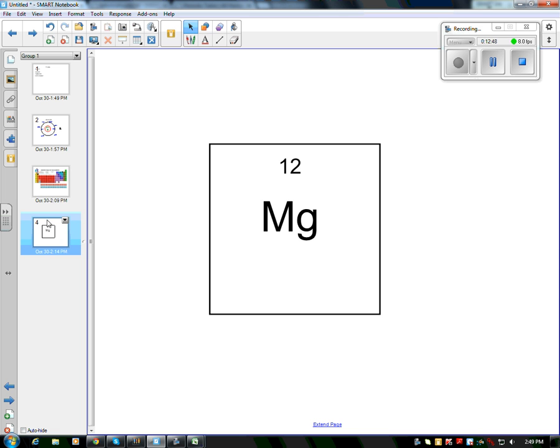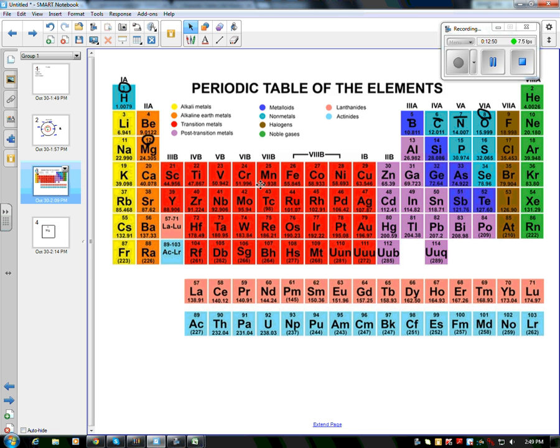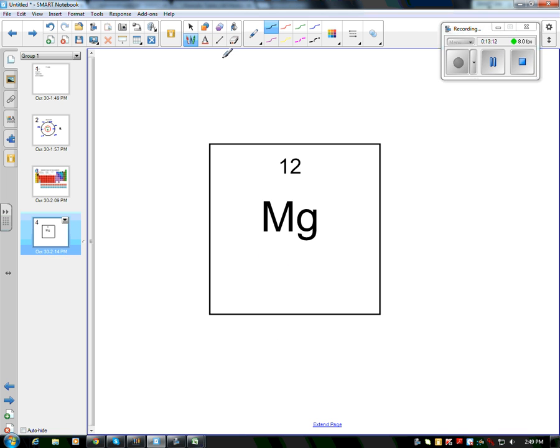If you look right here, the bottom center is where the atomic mass is. The atomic mass number. So for our element number 12, magnesium, 24.3 would be the atomic mass number.